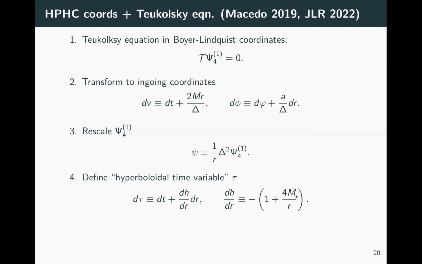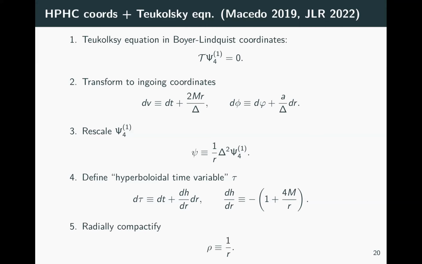So as r goes to infinity, d tau equals dt minus dr looks more and more like the u coordinate that I described earlier. It turns into a null coordinate, but everywhere away from infinity, it's still a timelike variable. So you can still think of it as a sort of Cauchy time hypersurface.